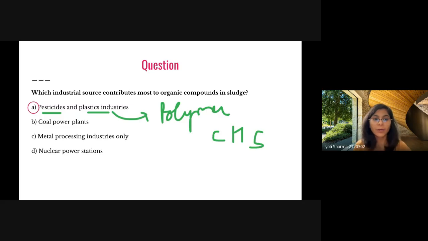Can you tell me, okay, so if we are talking about pesticide, can you tell me the name of one or two pesticides that we use that are very important for us? Any pesticide name that you know? Chlorine based or phosphorus based? Okay. So mostly we have chlorine based pesticide and phosphorus pesticide.